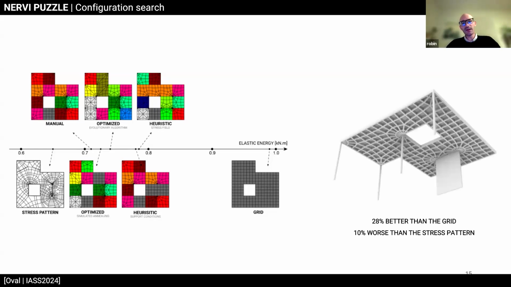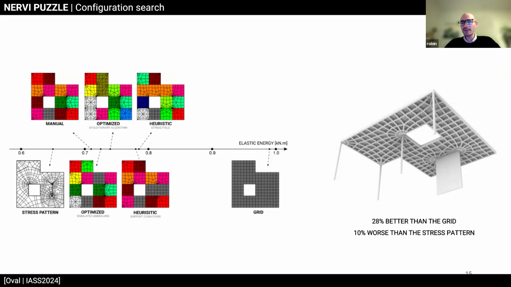You think about it, it's 30% better than just the single module design by allowing only 3 different kinds of modules. It's only 10% worse than this one, the theoretical optimal design.